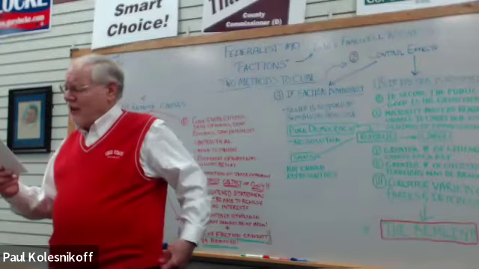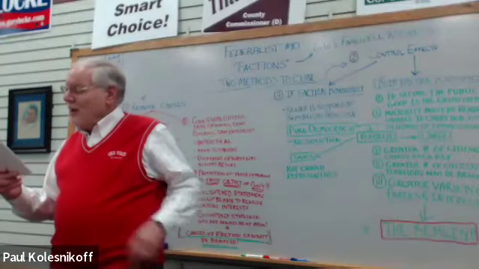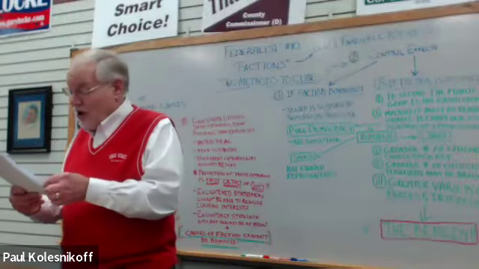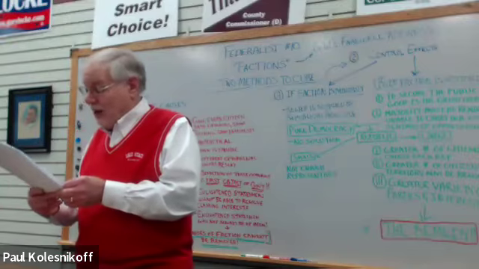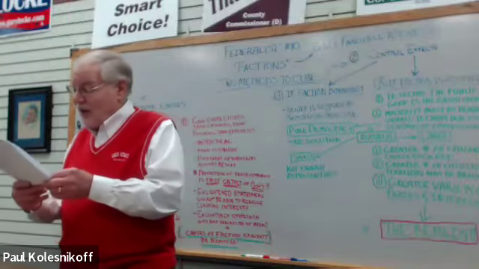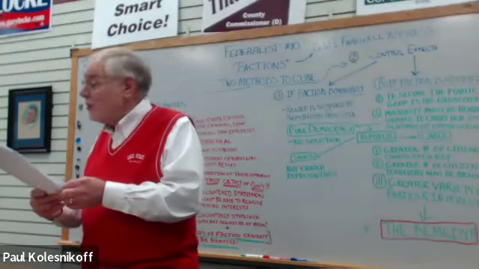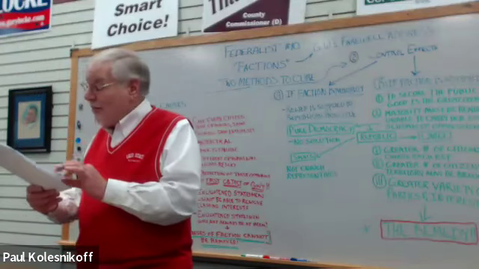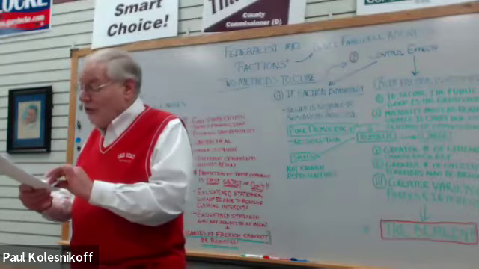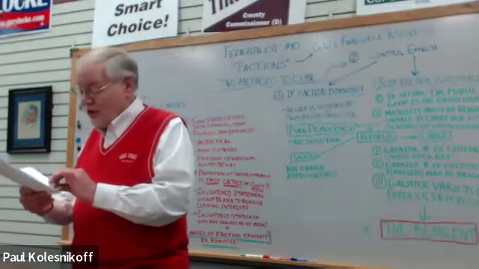Then he says, okay, let's go on. He says, a republic, by which I mean a government in which the scheme of representation takes place, opens a different prospect and promises the cure for which we are seeking. Let us examine the points in which it varies from a pure democracy, and we shall comprehend both the nature of the cure and the efficacy which it must derive from the union.